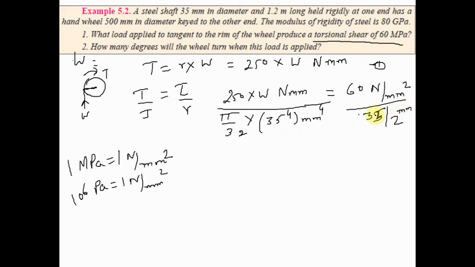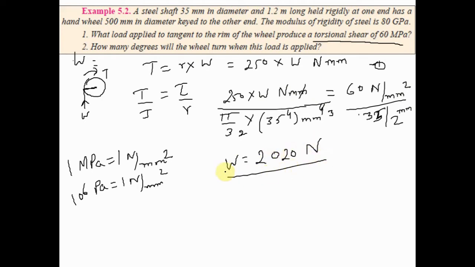Because this is radius 35 by 2 millimeters, and if you see, this millimeter will become power 3, this will become power 3, so these two will get cancelled. Whatever unit is left will be Newton only. So whatever W you get will be in newtons. The total load W, if you calculate using this equation and cross multiply, you will get 2020 newtons. This is answer 1.